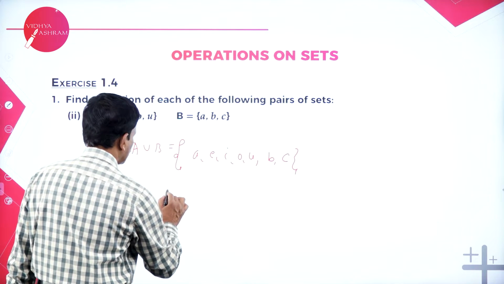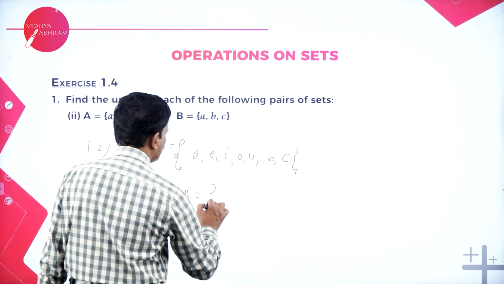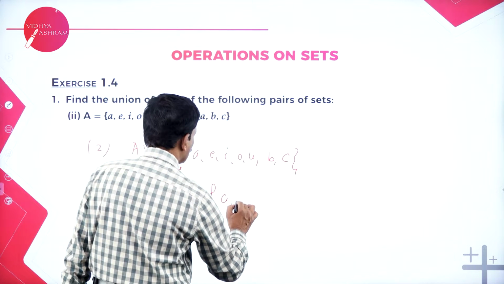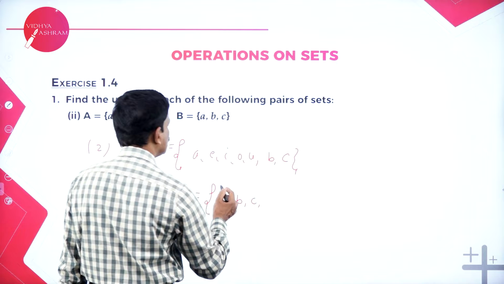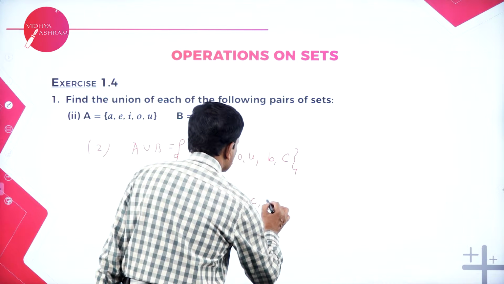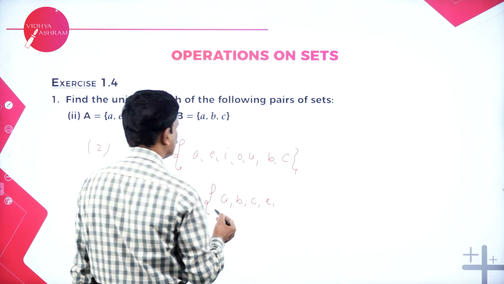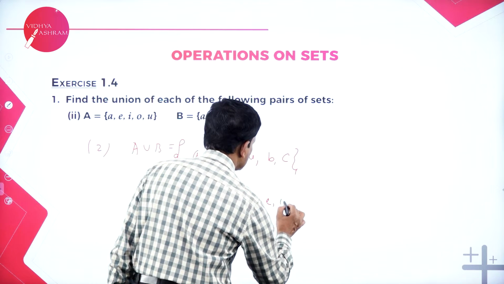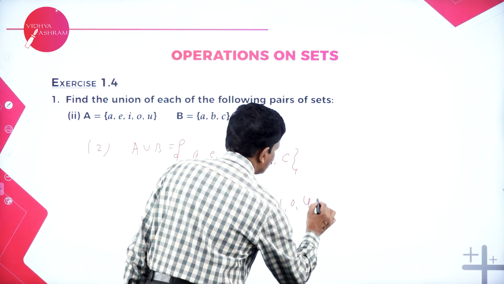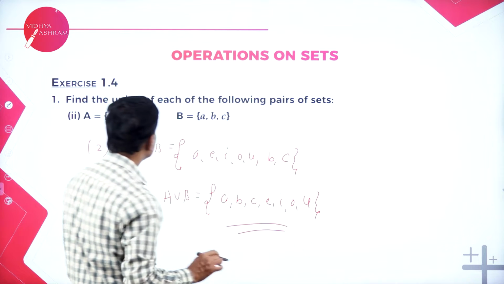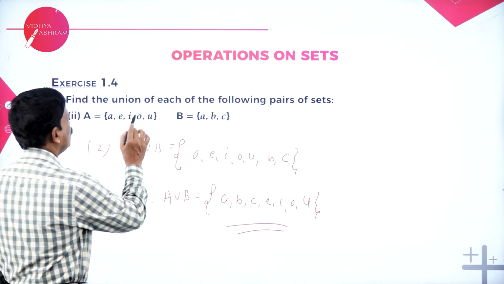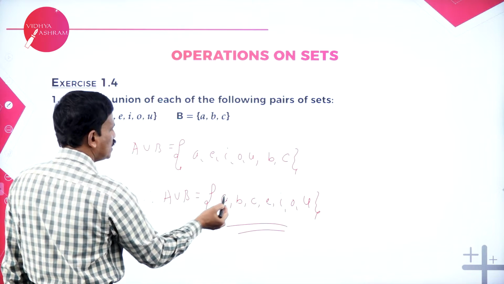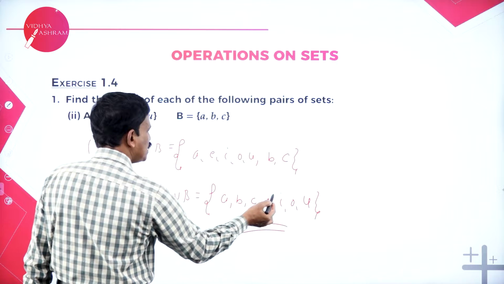Therefore, A union B is equal to {a, b, c, e, i, o, u}.